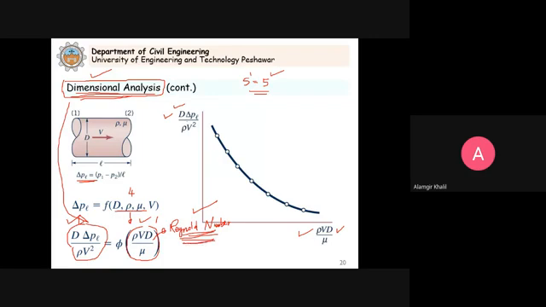So this dimension analysis actually provides the basis for similitude, the laws of similitude, because this law of similitude based on the Reynolds number is what we use to solve the problem. So this is actually the importance of dimension analysis. You can see how important this topic is.